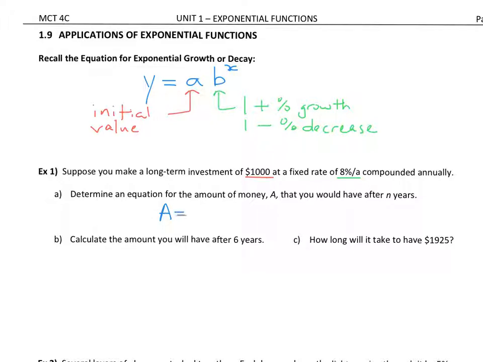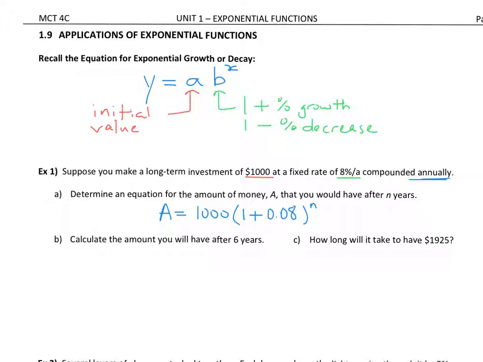Your amount is going to start with $1,000, and then we have our 1 plus, and our interest rate would be 0.08 divided by 1, because it's just compounding annually, which is 0.08. And then n just represents the number of years, and it's only compounding once, so it's 1n, or n as our exponent. All right, so there's our model.